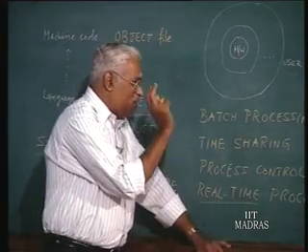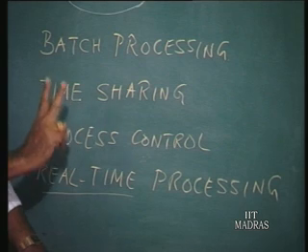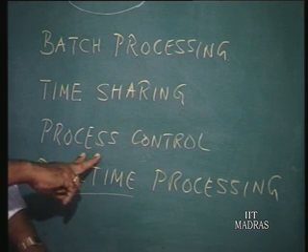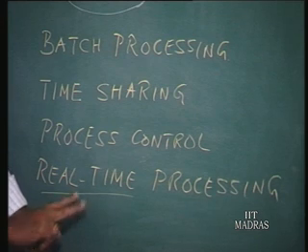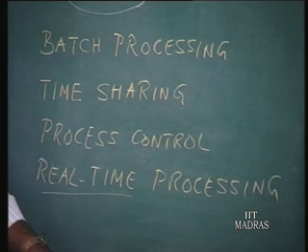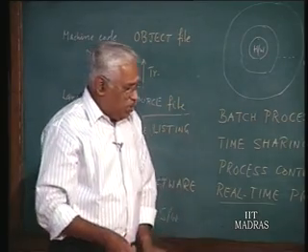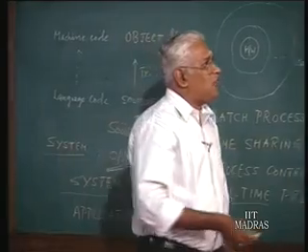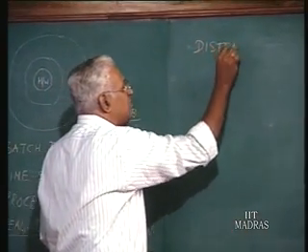So, we now have the batch processing system, the time sharing system, process control, which is usually an online system, and then the real time system. The operating system for each of these will be different, because each of them has different characteristics. Now, what is the latest? We talk about distributed processing and distributed systems.